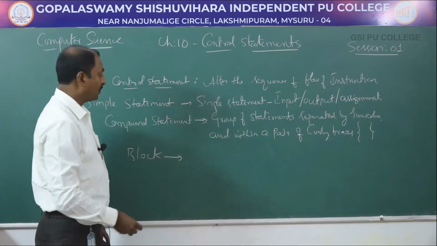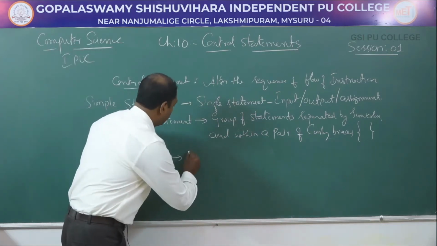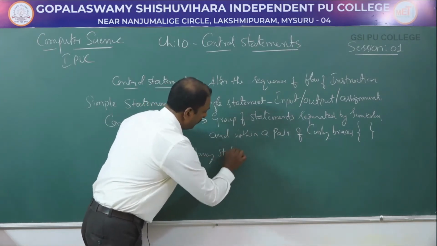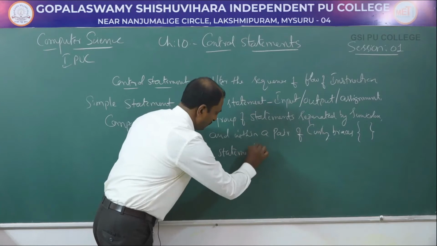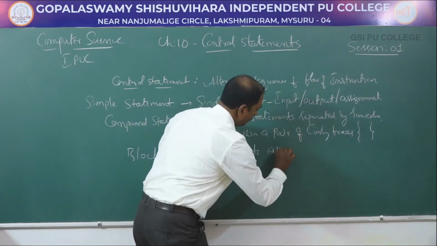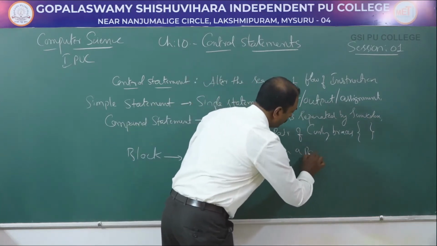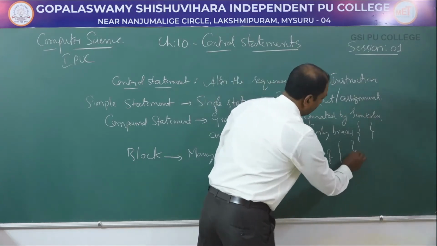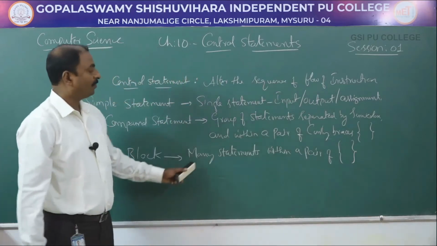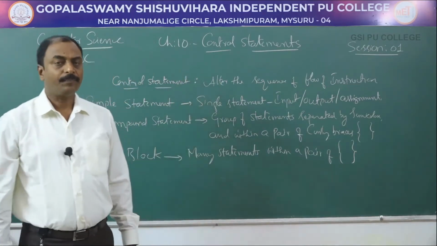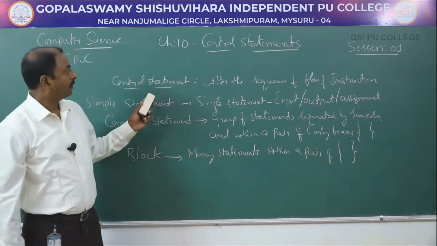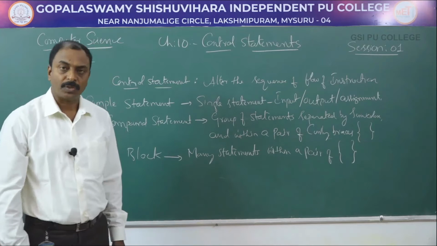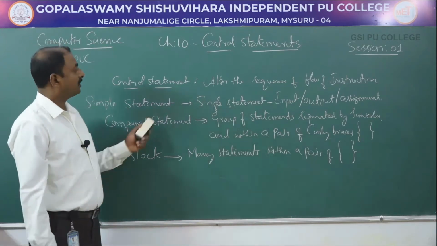So what is a block of statements? Many statements within a pair of these curly braces are called a block of statements. So students, now this control statement is used to alter the sequence of instructions in a program, and here we will come across simple statements.